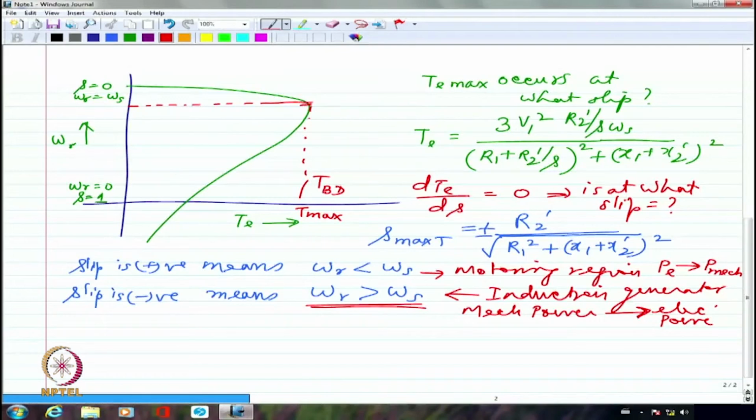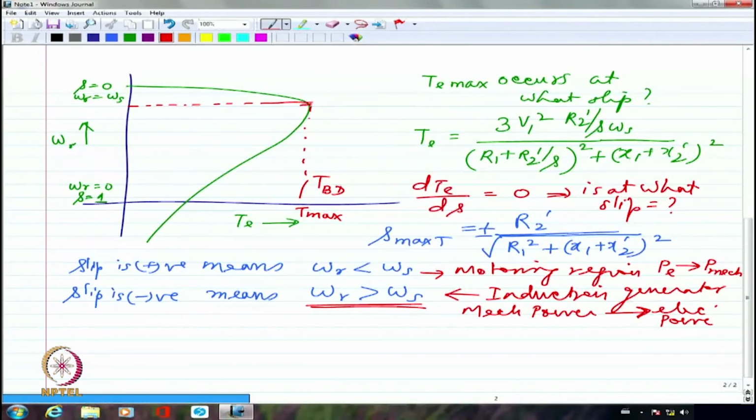So breakdown torque is the maximum torque that can be delivered by the induction motor at a given voltage and a given frequency, because I am generally operating it from the grid. The grid voltage is fixed normally. It will be about 400 volts, 3-phase line to line, and 50 hertz roughly.